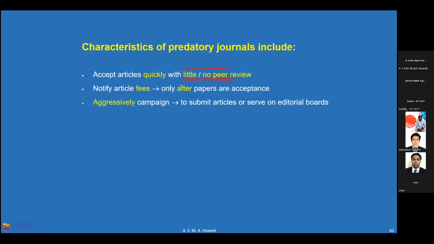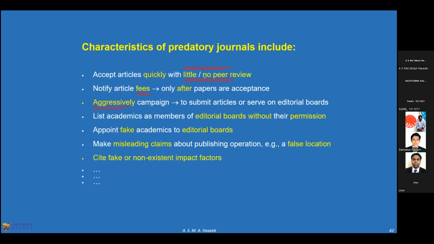Once they say that it is accepted, then they will start to get money out of you. They will tell you that it has this much fee. If you don't give the fee, then we will not publish, etc. And they are very aggressive. They will write you emails one after another. They will also look like a genuine journal.